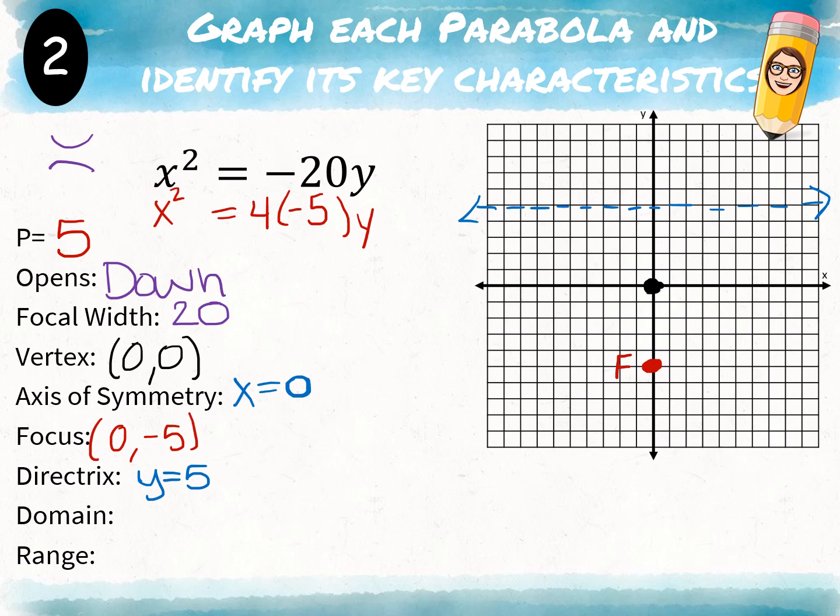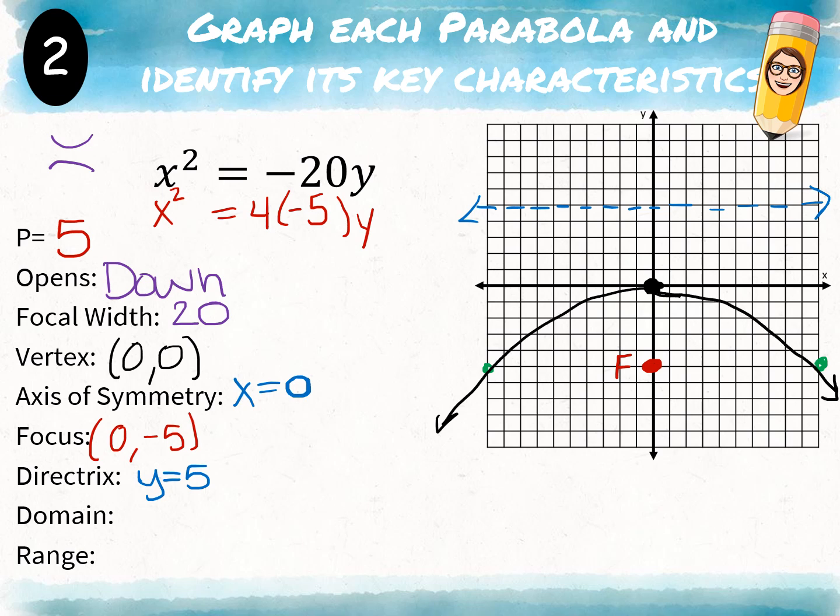So around the focus, I need 20 units split in half. The focus in the middle, I should say. Just fits. You're going to have a lot of graphs that don't fit. So if you have to go off your graph, don't be surprised. But now I can draw this fairly wide parabola. Hopefully you draw better than I do.